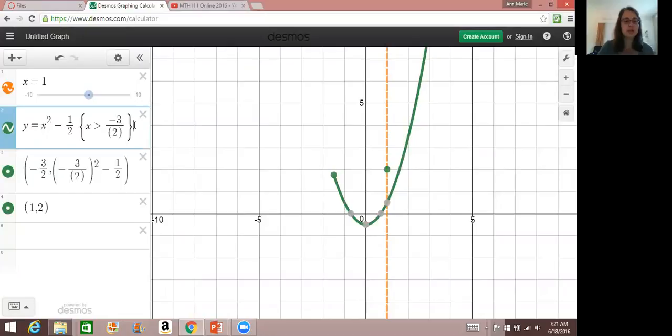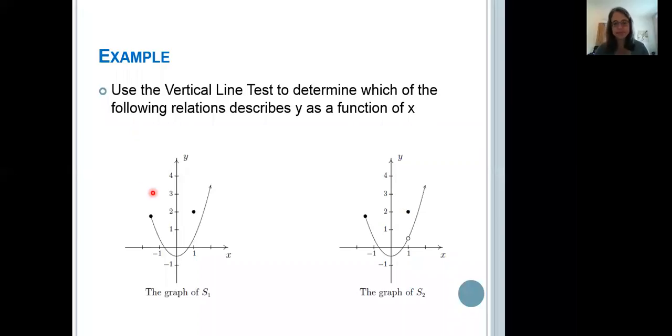So I could fake it, but I'm not going to. This open circle here means this point is not on my relation. It's not on my graph. Instead, we go up here to this point. This is a hole. It's a break in the line.